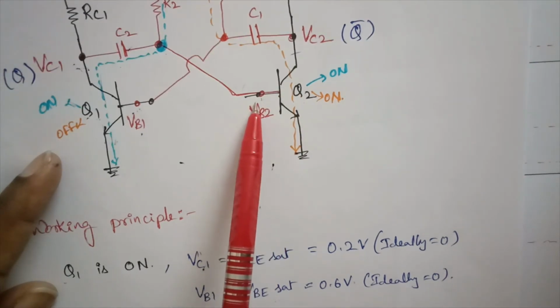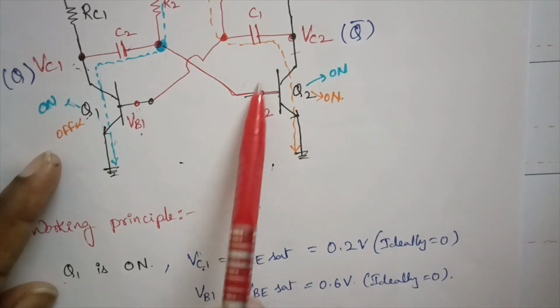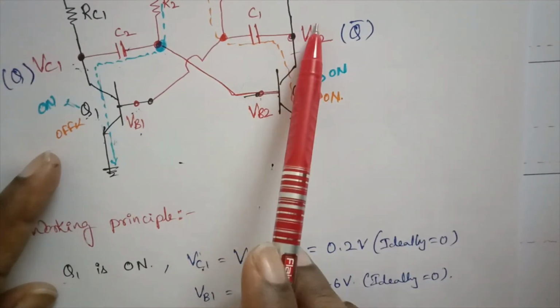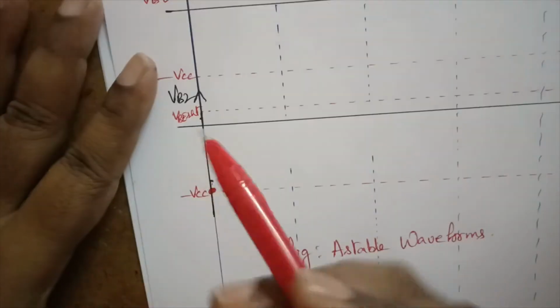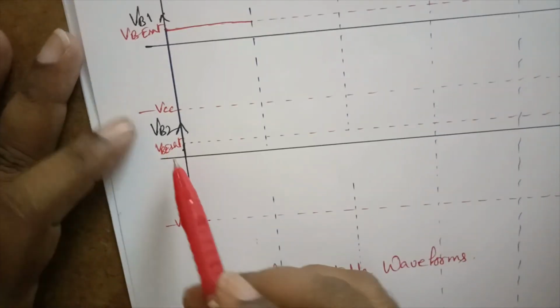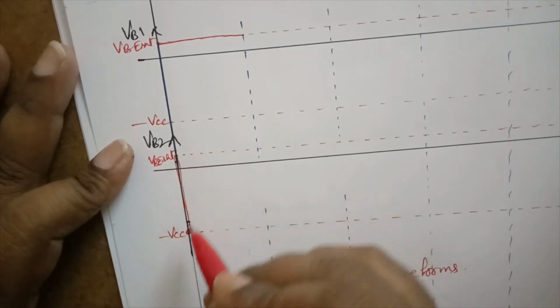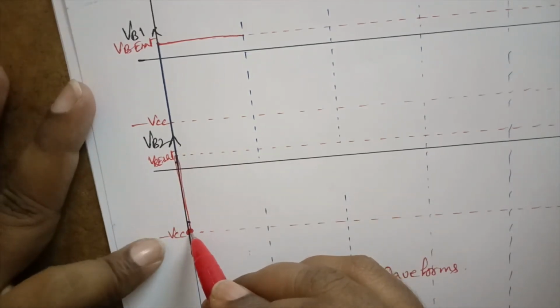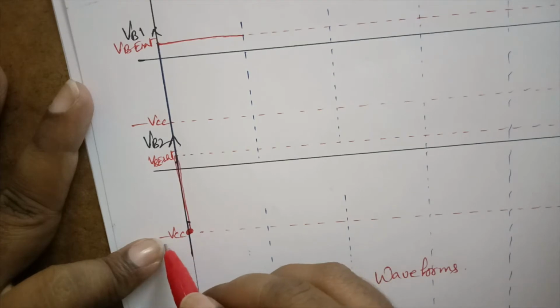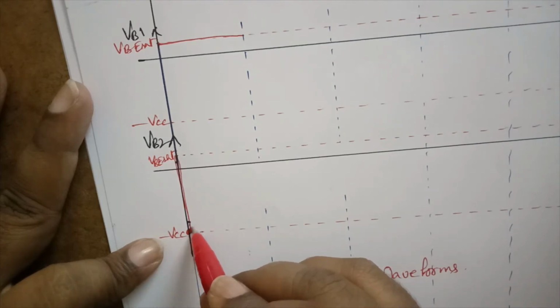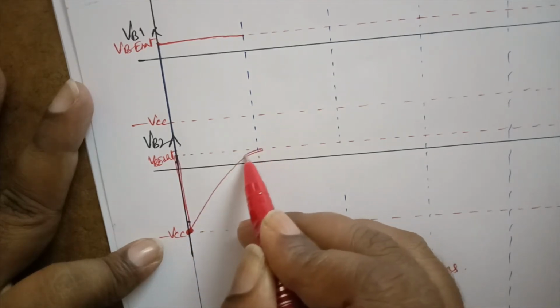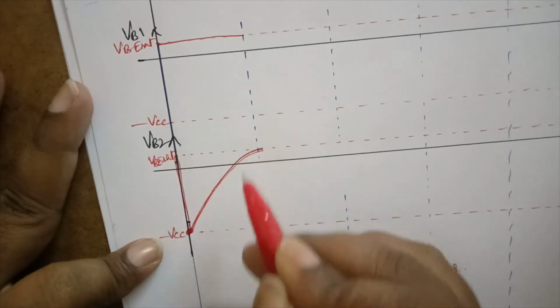It increases from minus VCC to some positive value exponentially. I represent VB2 here as an exponential increase. It is initially at minus VCC, and it increases exponentially from minus VCC to VBE sat. So this is the exponential increase.